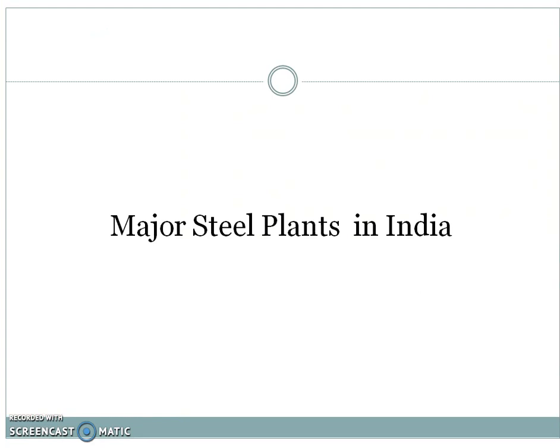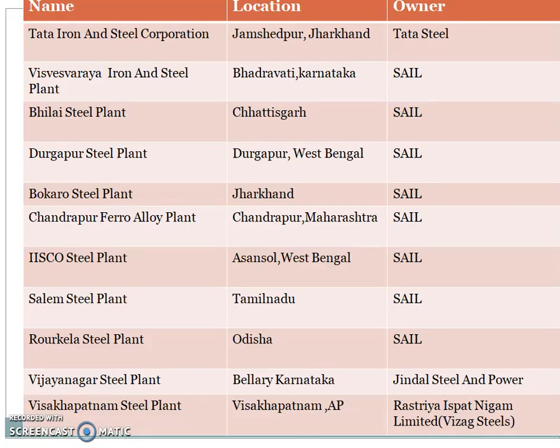So major steel plants. Just for more information, I am adding one slide in between. What are the major steel plants in India? One is Jamshedpur, where Tata Steel is present. In Karnataka we have Bhadravati, and the Vijayanagara steel plant, Jindal.